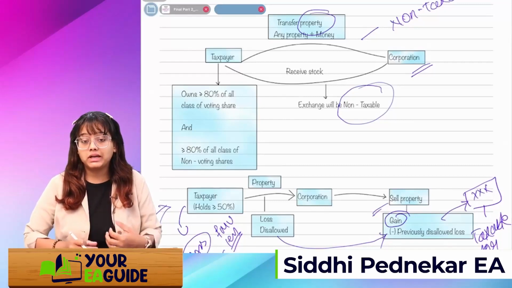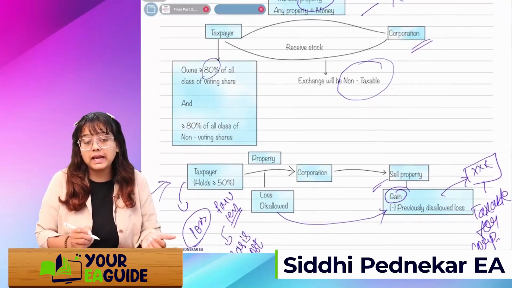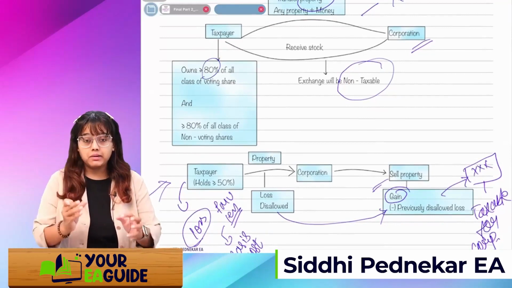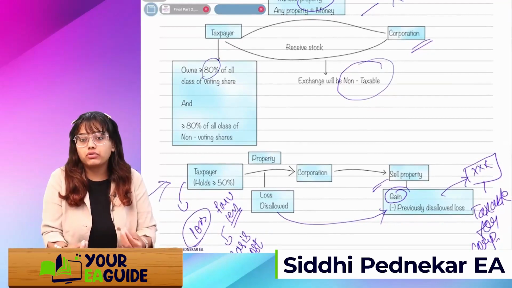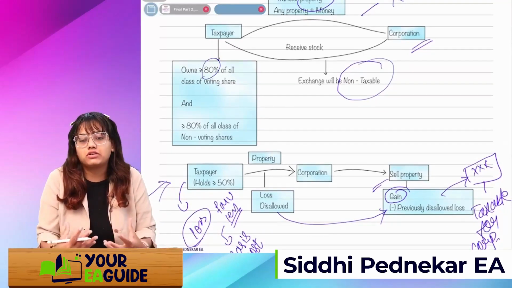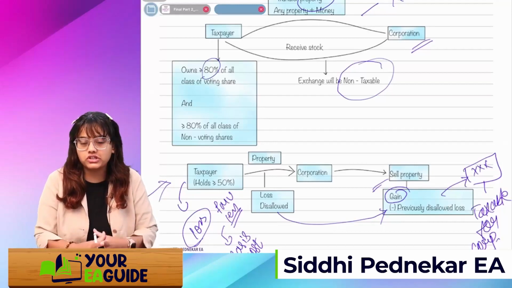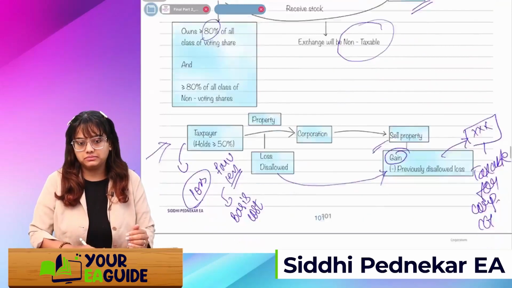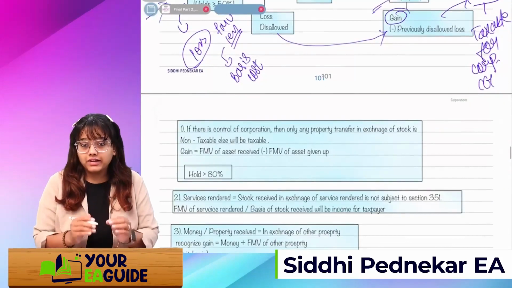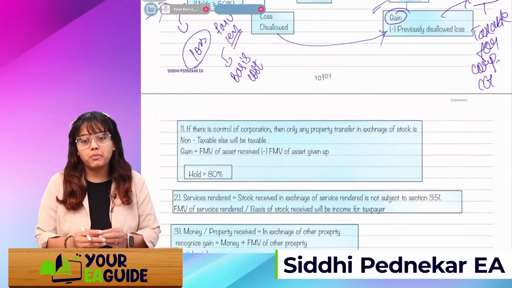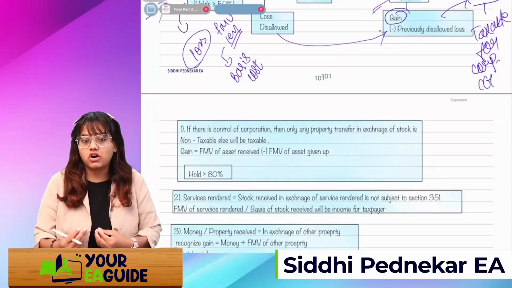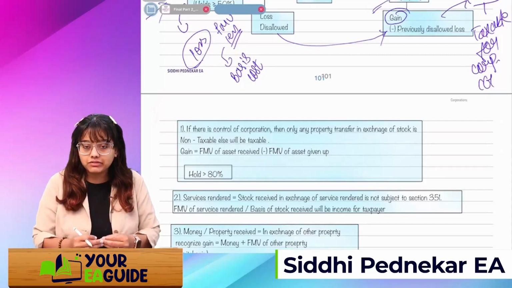Now what do you mean by control? Control means directly, I can say, 80%. If the taxpayer is controlling 80%, having the interest or the stock in the corporation, then only it is non-taxable. If there is control of the corporation, then only the property transfer in exchange of stock is non-taxable, else it will be taxable.